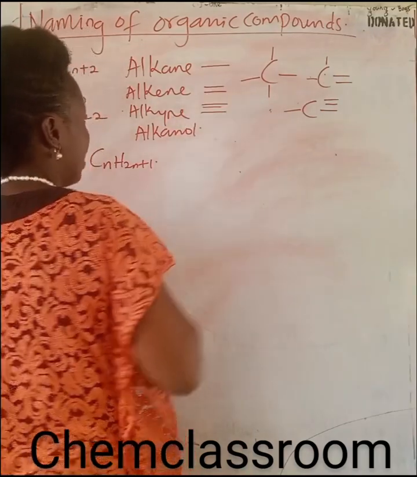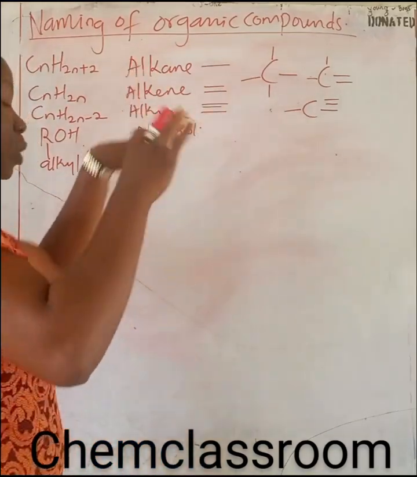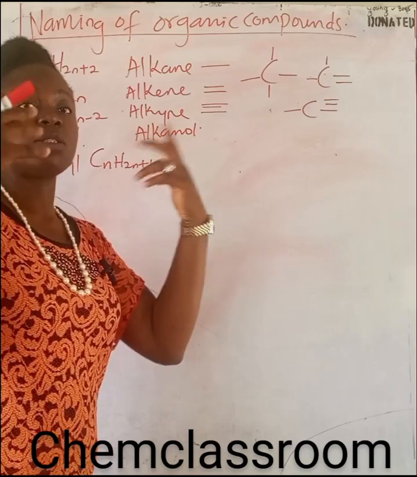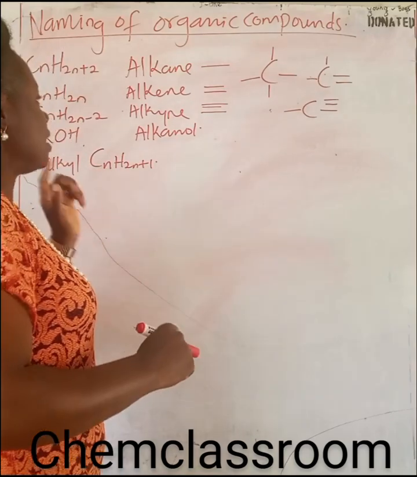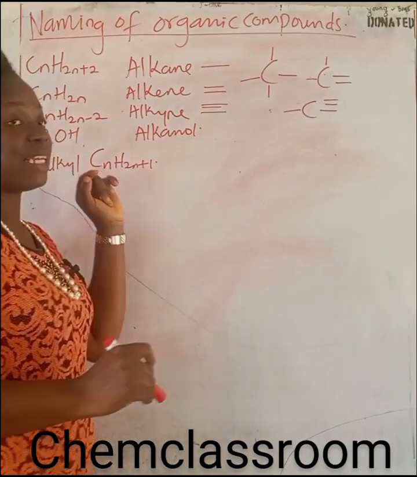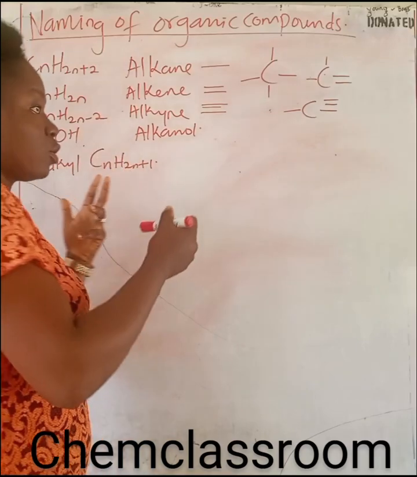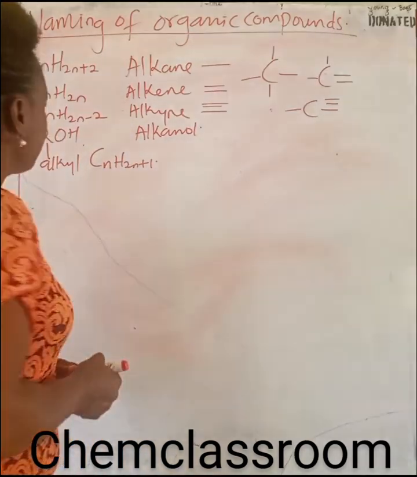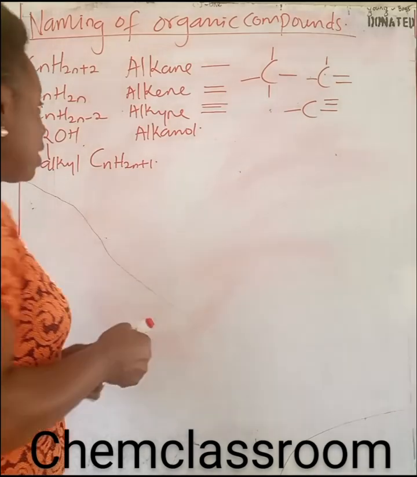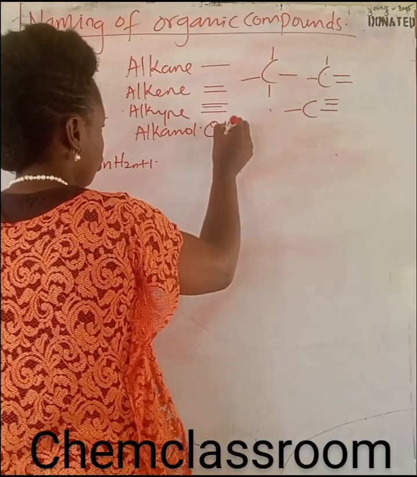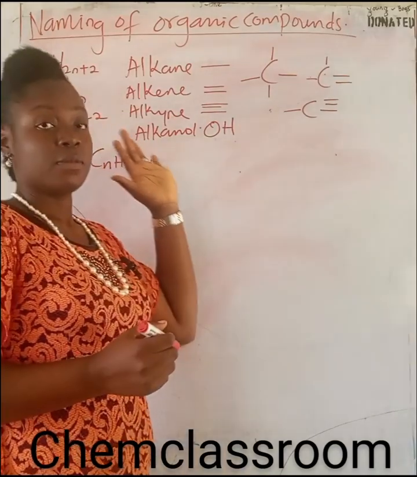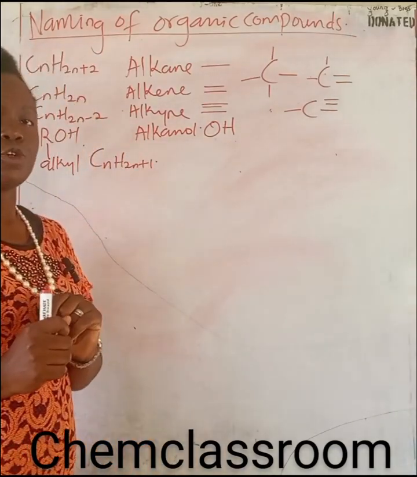Triple bond. So anytime you cite single bonds between the carbon atoms, you know that this one is alkane. Whenever you cite a double bond, you should know that it's alkene. And whenever you cite a triple bond, it belongs to the alkyne group. Yes. Then the alkanol is what we also call the alcohol family. Anytime you cite the OH group, which is the hydroxy group, then alkanol should come to your mind.